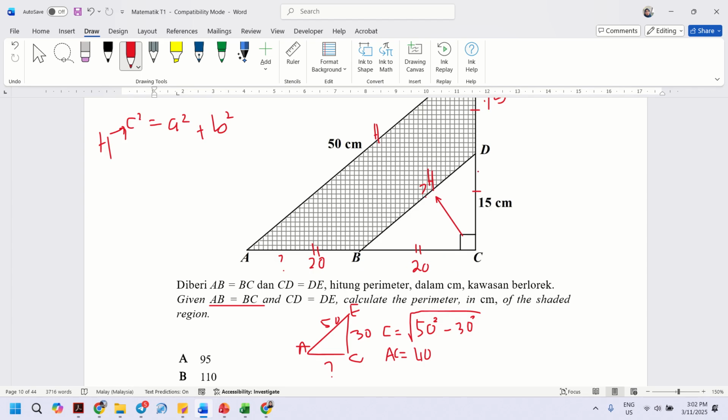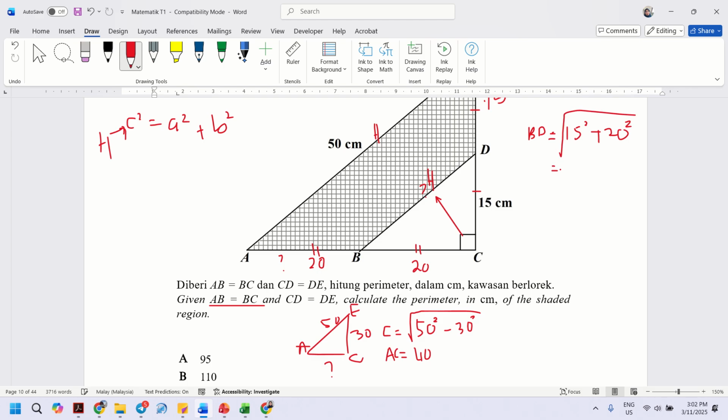So what is the length of BD? Again you have to use the Pythagoras theorem to find the value of BD. BD is the hypotenuse. If you want to find the hypotenuse, you add 15 squared plus 20 squared, then take the square root.